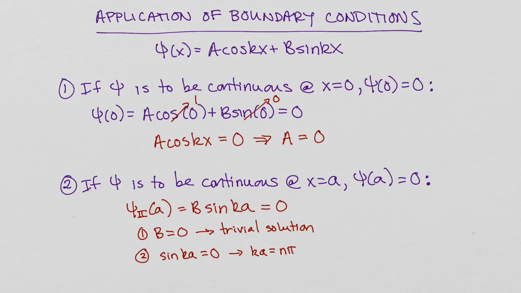If you plot that, you'll see that you cross the 0 value at integer values of pi. One caveat we're going to put on there is that n can equal 1, 2, 3, and so on.